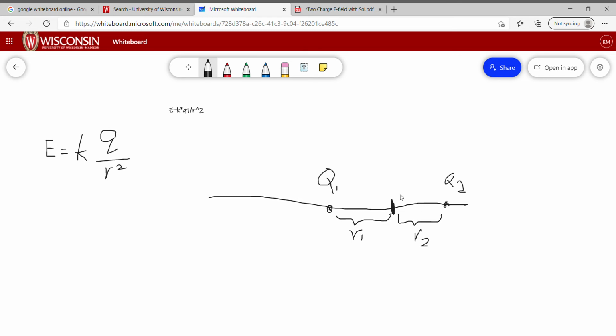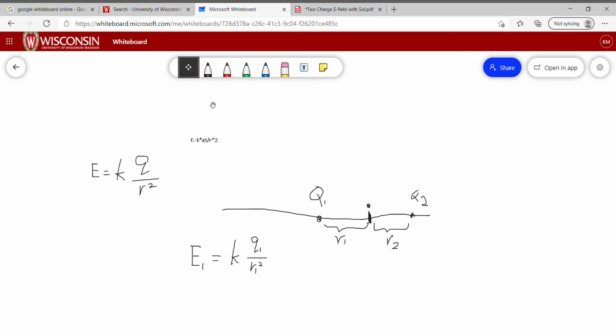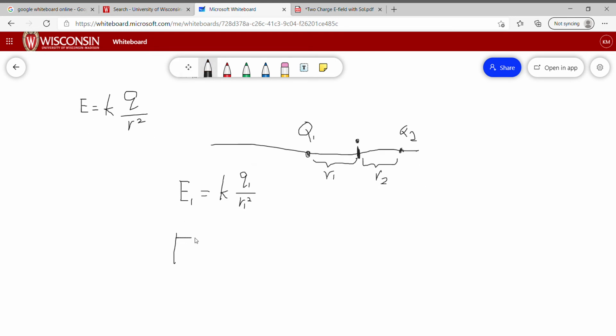The electric field at this position is E1 equals K times Q1 over R1 squared, pointing in this direction, and E2 equals K times Q2 over R2 squared, in this direction.